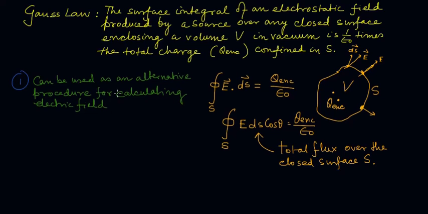We have calculated electric fields using Coulomb's law. This Gauss law can be used as an alternative procedure, but there are conditions, the symmetry is needed. So I'm coming to that.